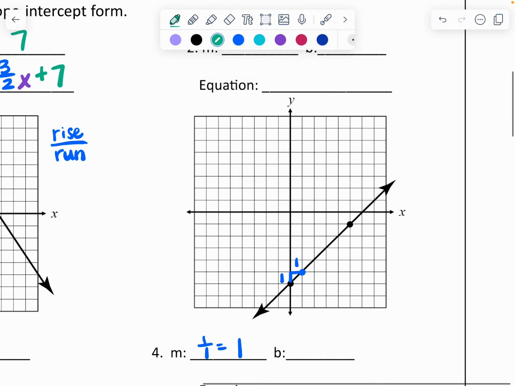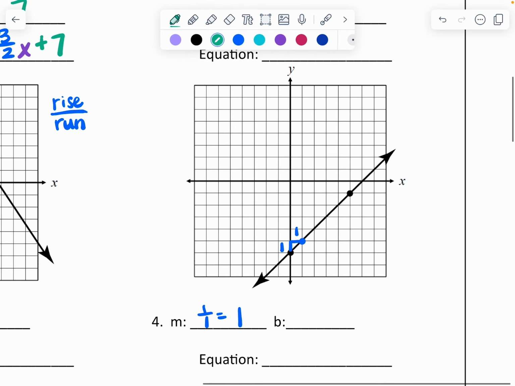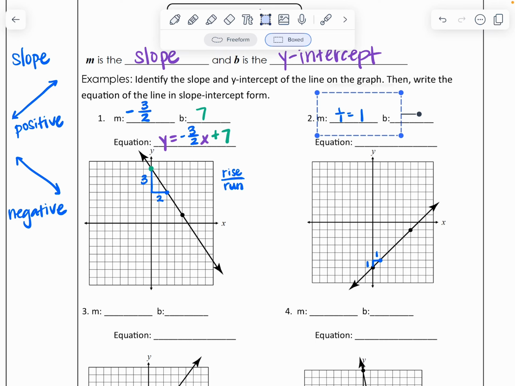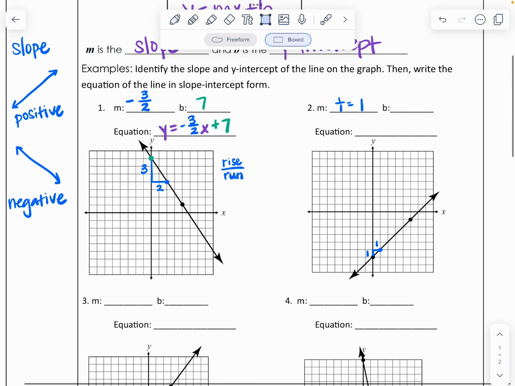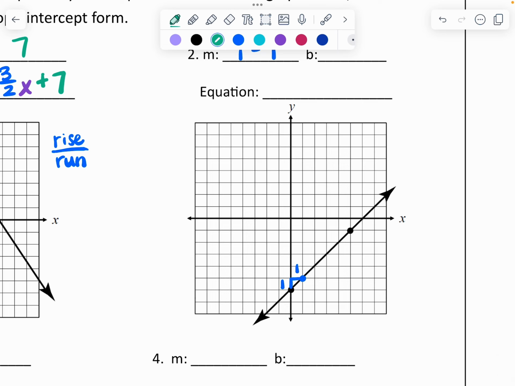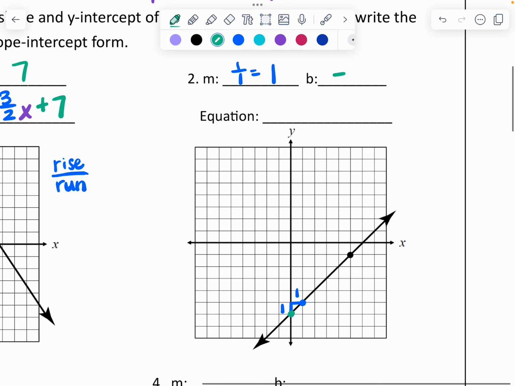My y-intercept, where the line, oh, I'm actually writing this on the wrong line. This goes up here. The point where the graph crosses the y-axis is here. And this is 1, 2, 3, 4, 5, negative 6 on the y-axis.